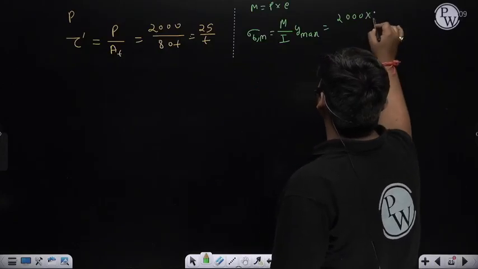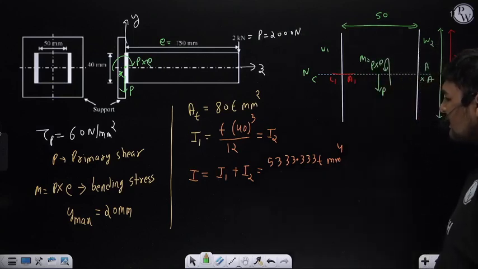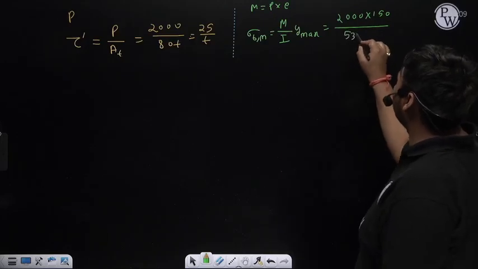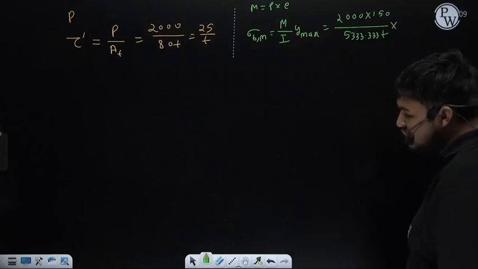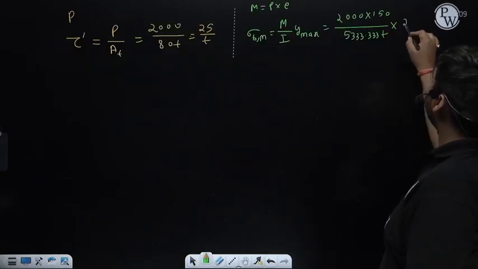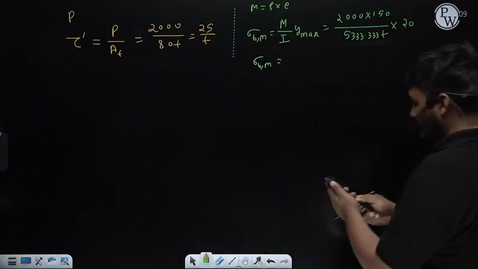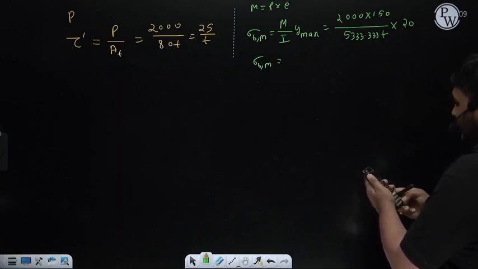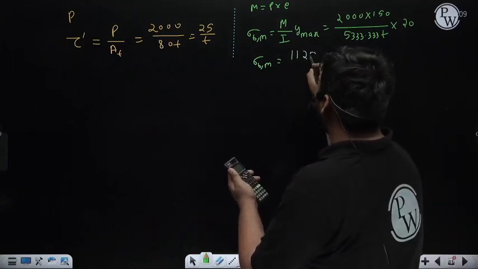Divided by I, the area moment of inertia about the neutral axis, which we calculated as 5333.333 T, into Y max. For this question the value of Y max is 20 mm. So the maximum bending stress is 2000 into 150 divided by 5333.333 into 20. Is it coming 1125 divided by T?